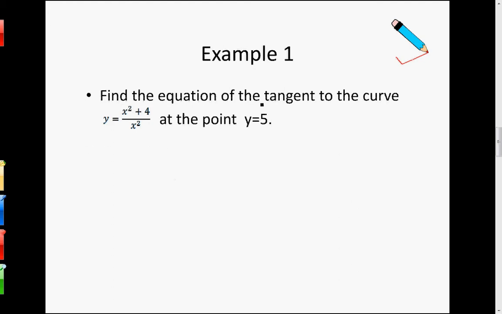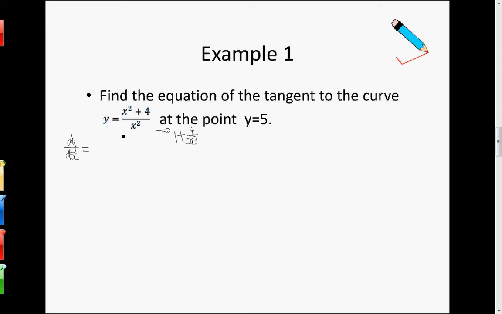We need to find the equation of a tangent to the curve y equals x squared plus 4 over x squared at the point y equals 5. Let's proceed to do the dy/dx. Before I do the dy/dx, you could see that this y can be rewritten as x squared plus 4 over x squared.